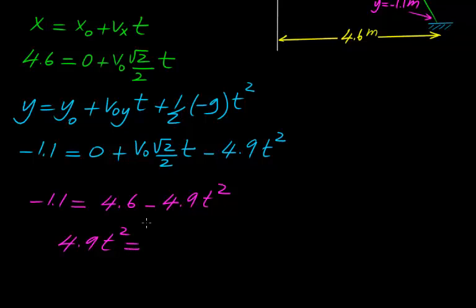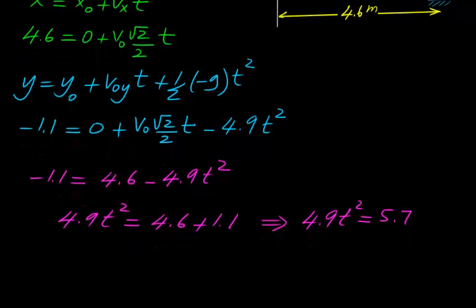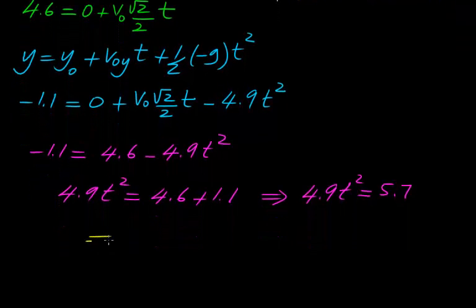Move the other terms to the right-hand side, you get 4.6, and the negative 1.1 becomes positive. As a result, the equation is reduced to 4.9 t squared equals 5.7. Solving for the time t, you obtain 1.08 seconds.